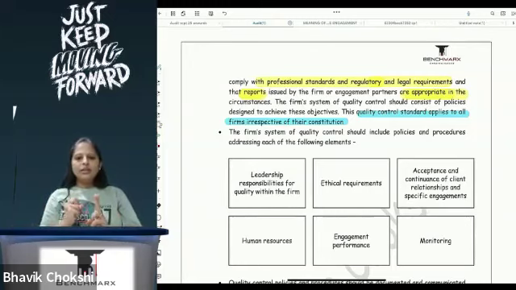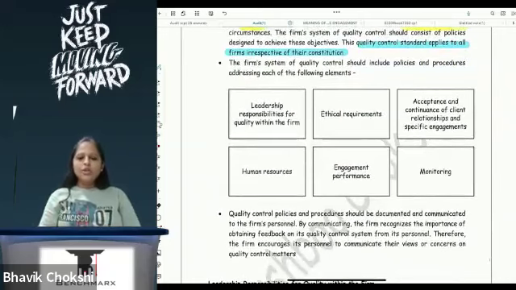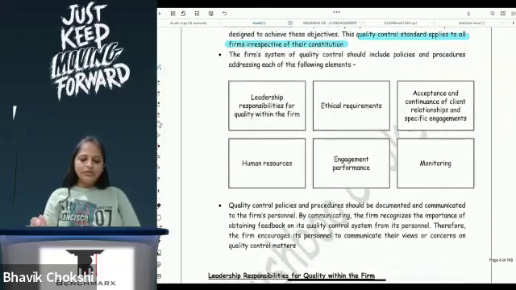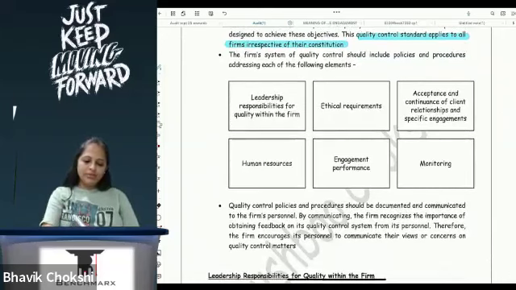But to issue this, what do I need? What are the things which are essential for me to ensure that this quality is maintained? Are we understanding? So here we have 6 things which we need to remember.